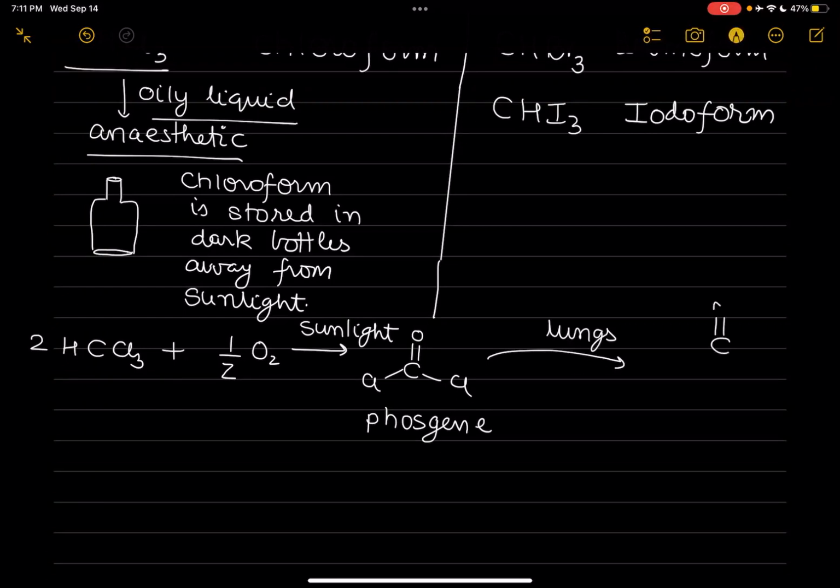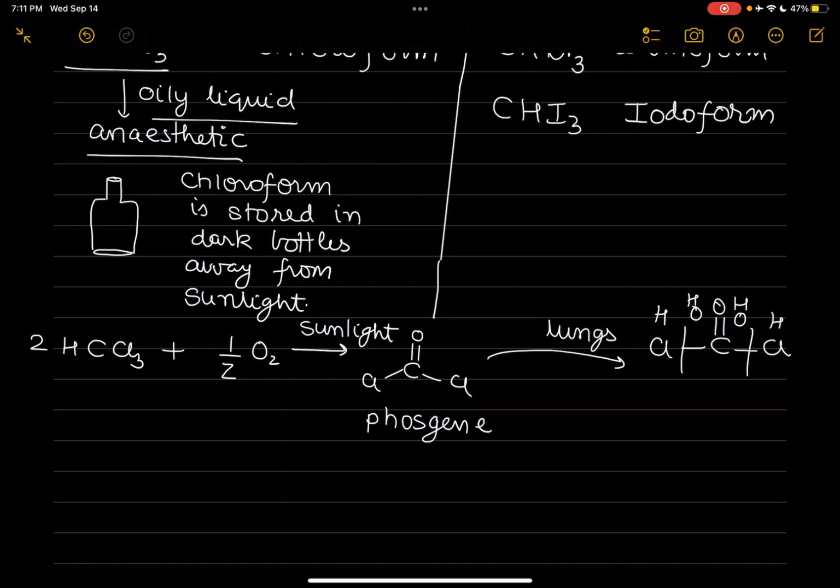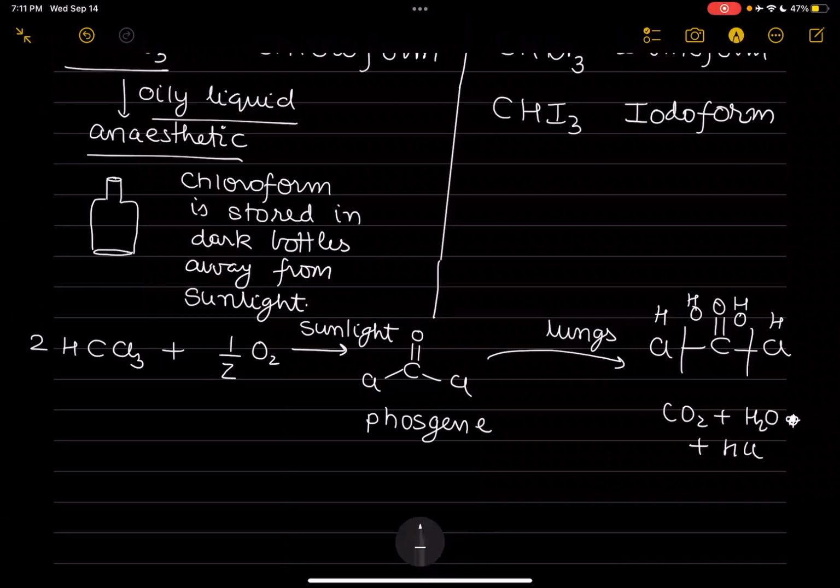This is COCl2. In the lungs there is moisture, so it reacts with the water vapor present in our body, and it gives CO2 and HCl. CO2 is not harmful, but HCl is. So if we inhale phosgene, it will not come out.